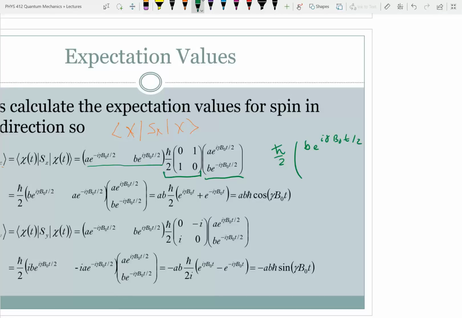then go down to the lower one, a times 1 is 1, and then b times 0 is 0, oh, it's a column.